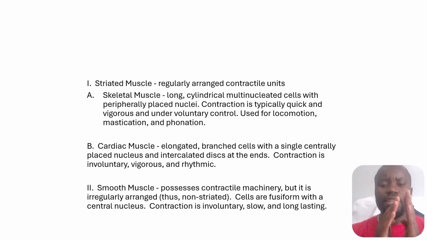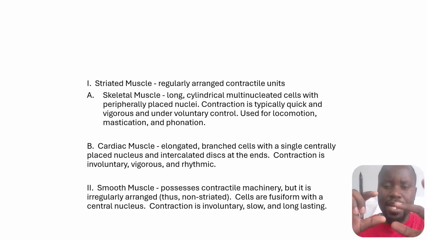Because they are not regularly arranged in repeating units, they don't show the repeated striations. Therefore, they are considered non-striated. The cells that make up smooth muscle tissue are not elongated strings, cylindrical, or branched, but are fusiform, where they bulge in the middle and taper at the ends.